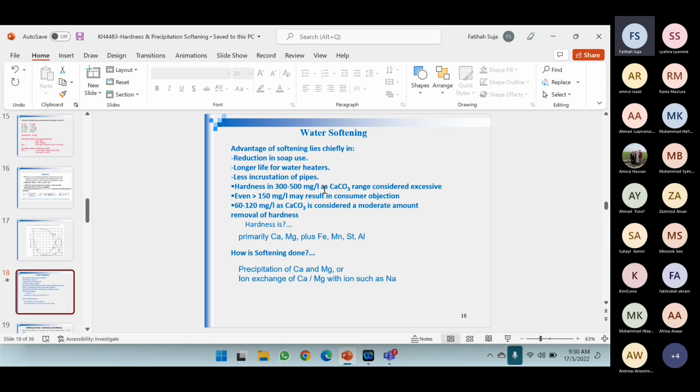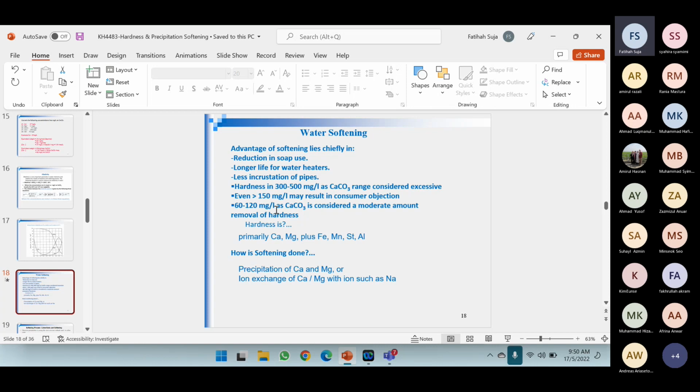So if you have your water source characteristics, you look at the hardness. What is the hardness? If more than 300, then it is considered excessive, and it indicates that you need to properly treat it, you need to provide a water softening unit in your system. Even greater than 150 milligram per liter may result in consumer objection.